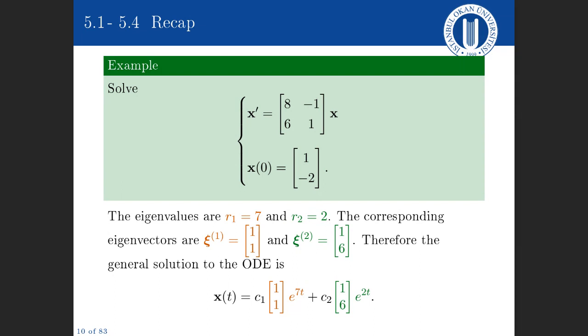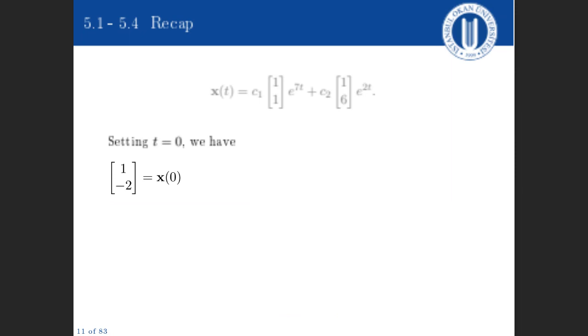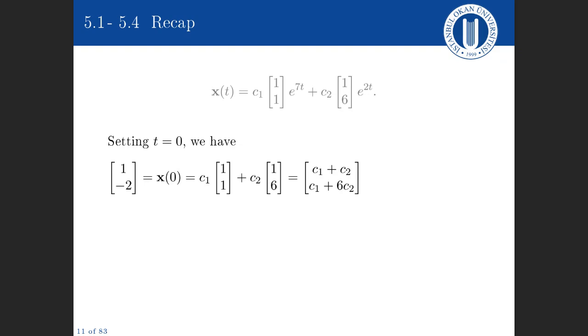To finish this problem, we need to find C1 and C2. So we take our general solution I've written at the top, and we put t equal to 0, and we want this to be equal to 1 minus 2.